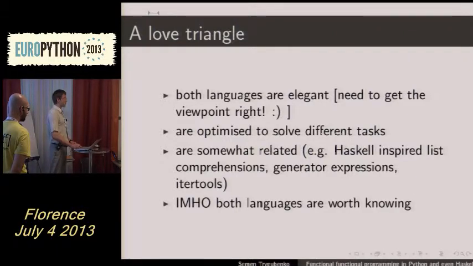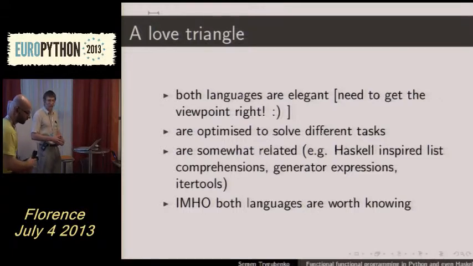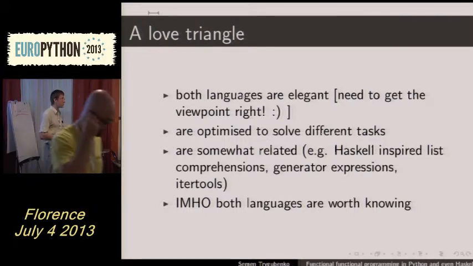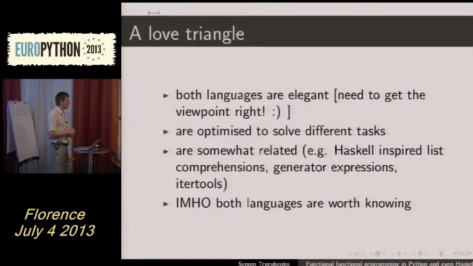I think both languages are worth knowing. You asked me why I really like Python, and I think Python is an incredibly good tool for rapid prototyping when you're generating lots of ideas and you don't want to think about types. Types are part of designing a good solution for the problem you're trying to solve. If you don't know what the final solution is going to look like, you don't know the best types to use.